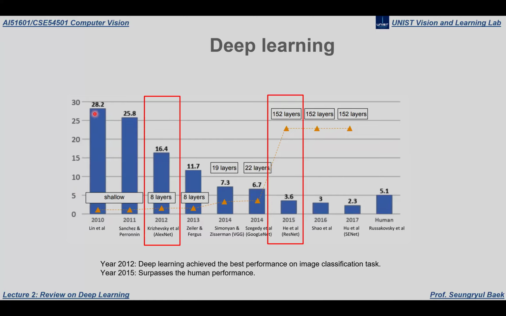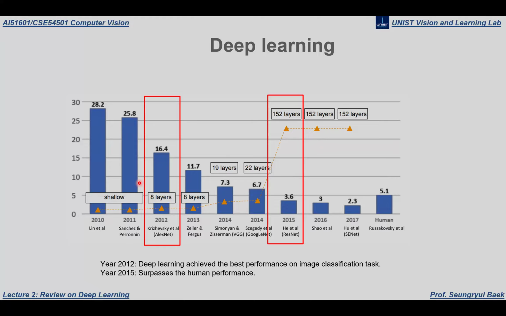The state-of-the-art error rate was about 25%. So when given 100 images, the algorithm was wrong for a quarter of them. We call these shallow learning algorithms because they only have one layer.